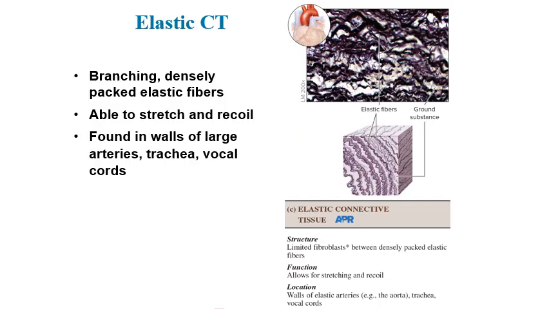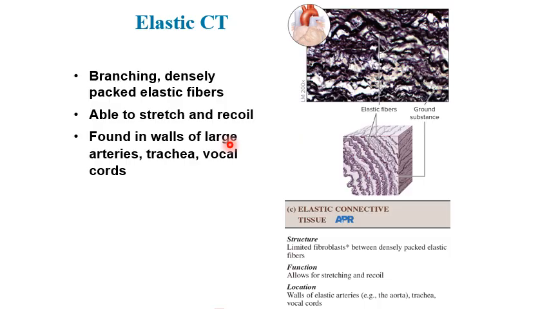Okay, so the other tissue that you have is elastic connective tissue, and where you're going to find it, basically large arteries, because you can imagine when you have this large artery, especially coming out from your heart, like your aorta, you're going to have a lot of blood pressure pushing through the artery. So the artery has to expand a little bit, it has to hold all the tension, and then it has to go back to the proper shape to keep on pushing this blood to the rest of the body.